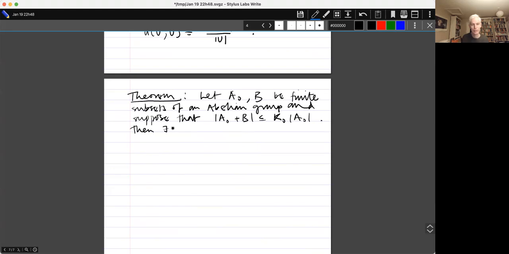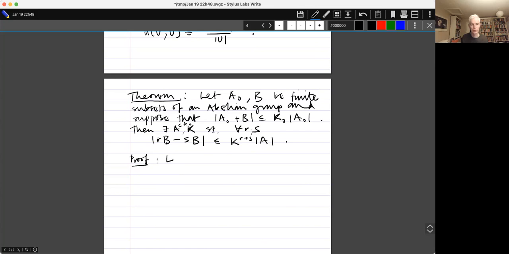Then there exist A and K such that for all R and S, the size of RB minus SB is less than or equal to K to the R plus S times the size of A, and A is a subset of A0, non-empty.